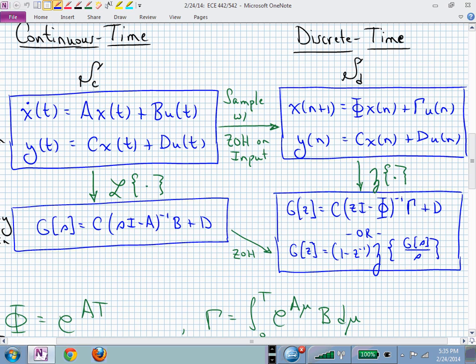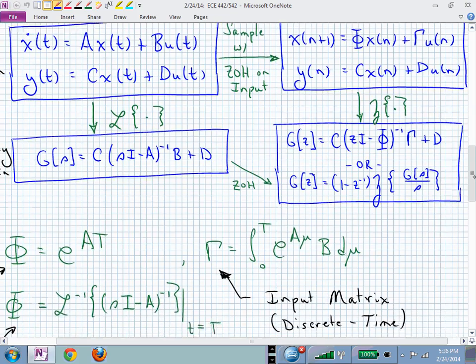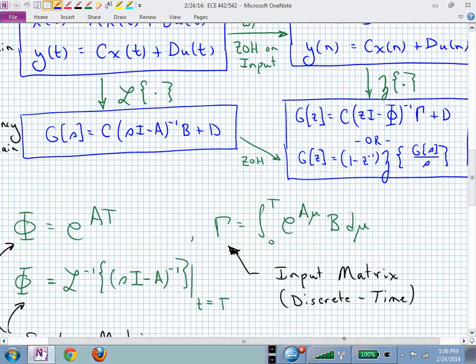Some of these we've talked about in our pseudo class that was held on Friday. And you'll want to maybe look at those videos or those notes to better appreciate this top row transition from the left column to the right column. How do we find this phi matrix and the gamma matrix?